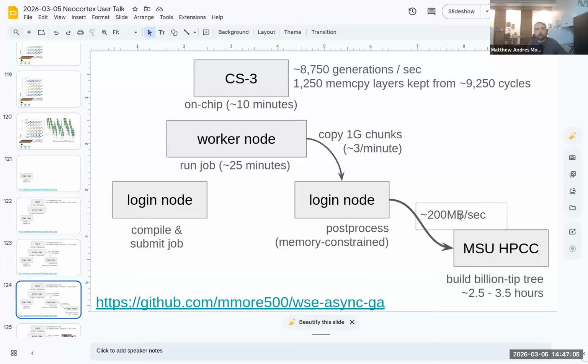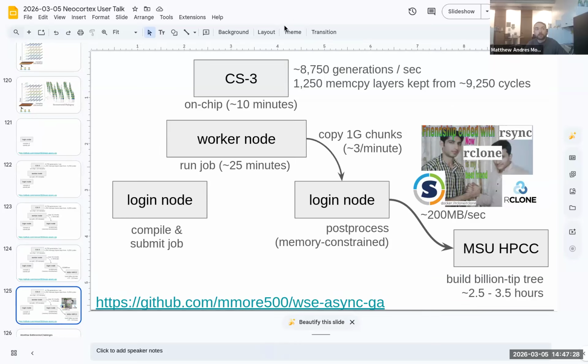I'm getting about 200 megabytes per second of exfiltration rate for the data from the Cerebras login node, and then we do the phylogeny building work at Michigan State University, and that takes about 4 hours.